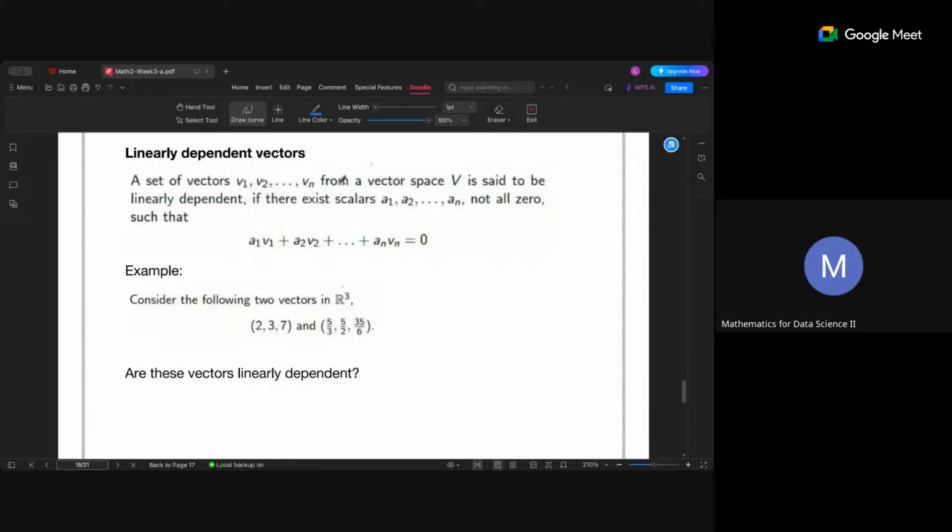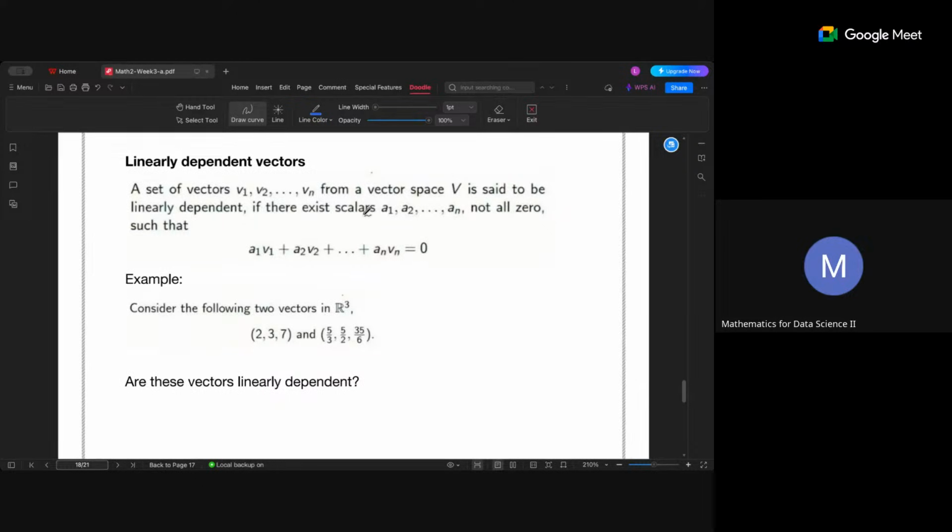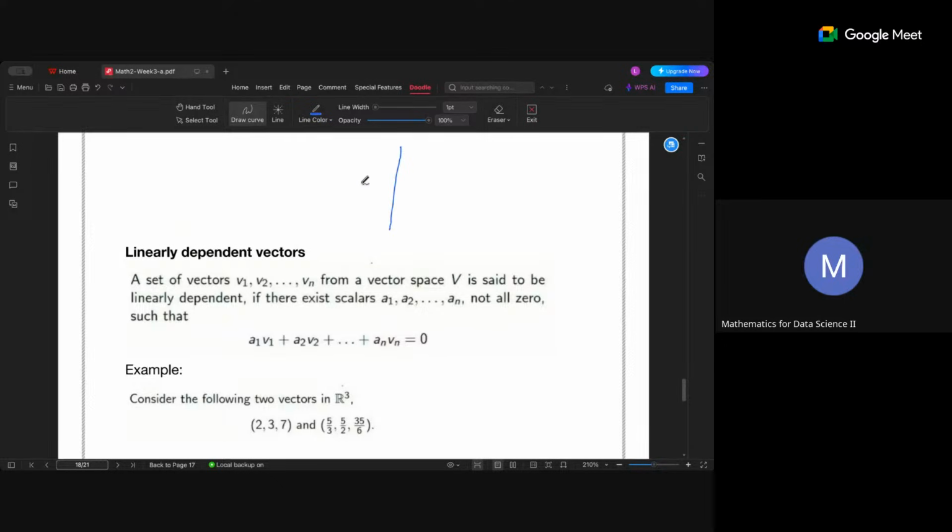A set of vectors v1, v2, ..., vn from a vector space V is said to be linearly dependent if there exist scalars a1, a2, ..., an, not all zero, such that a1 v1 plus a2 v2 plus ... plus an vn equal to 0. What does this mean? So let us say you are in R2. I have a vector, let us say (1, 1), and some other vector, maybe (1, 2).